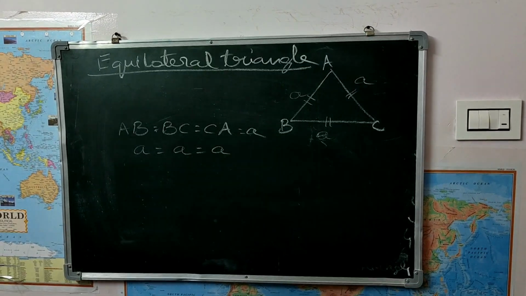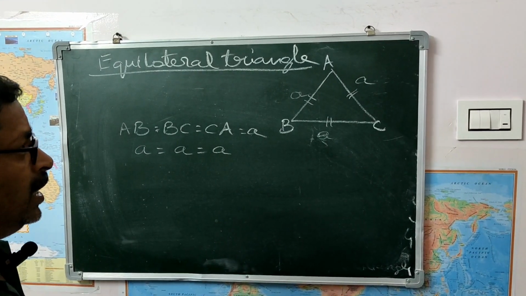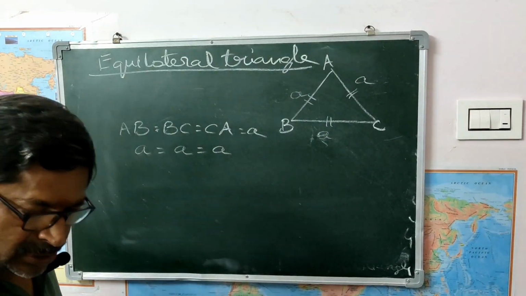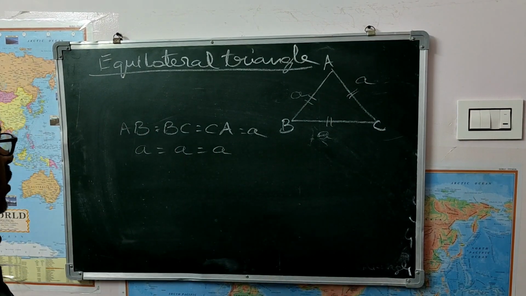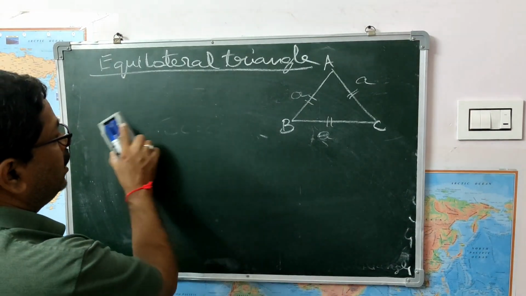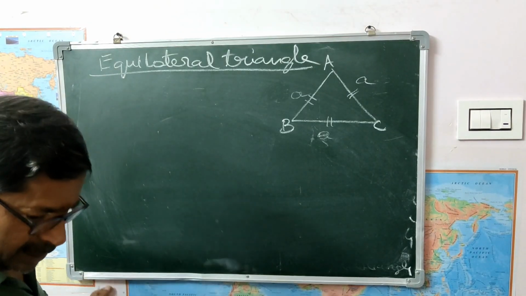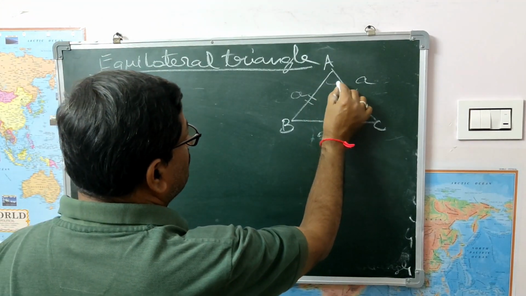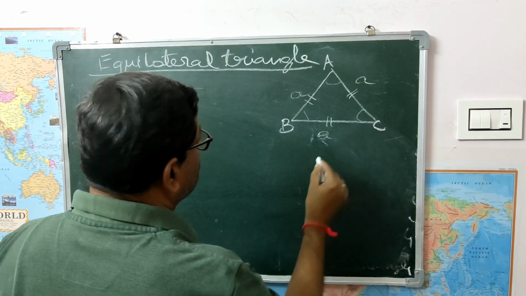Okay. Now in this equilateral triangle, we find some interesting facts to be noted. What are the facts relating to the equilateral triangle? In an equilateral triangle, each internal angle is equal to 60 degrees.